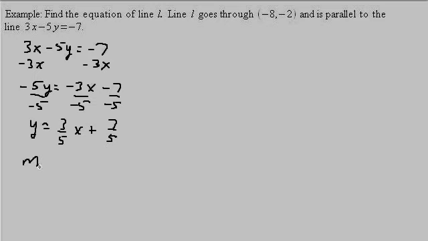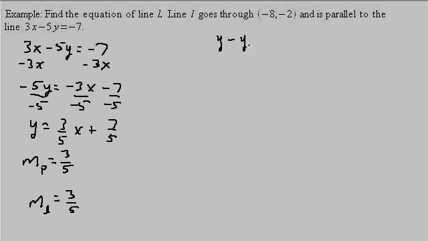So the slope of the parallel line, I'm going to use a subscript p, is 3/5. So the slope of line L, since it's parallel, is the same slope. It's 3/5.